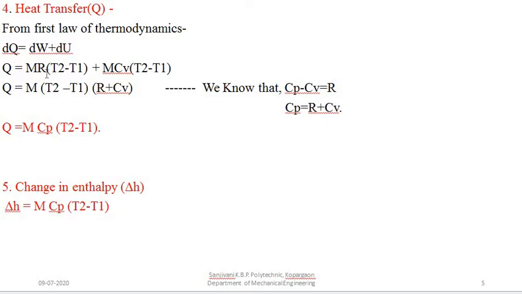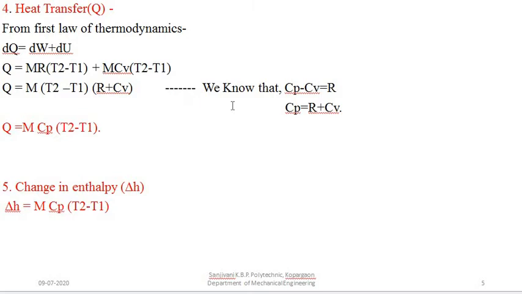Therefore Q is equal to mR T2 minus T1 plus mCv T2 minus T1. Now m we are taking as constant, so Q is equal to m into bracket T2 minus T1 into R plus Cv.